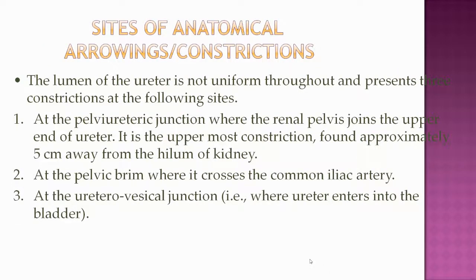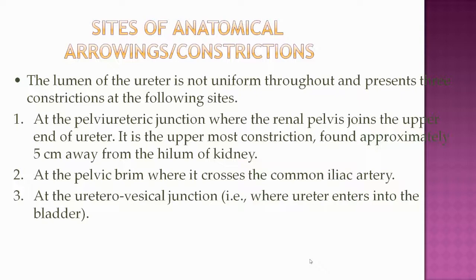Now we will see the sites of anatomical constrictions. The lumen of the ureter is not uniform throughout and presents three constrictions at the following sites. First, at the pelviureteric junction, where the renal pelvis joins the upper end of the ureter.